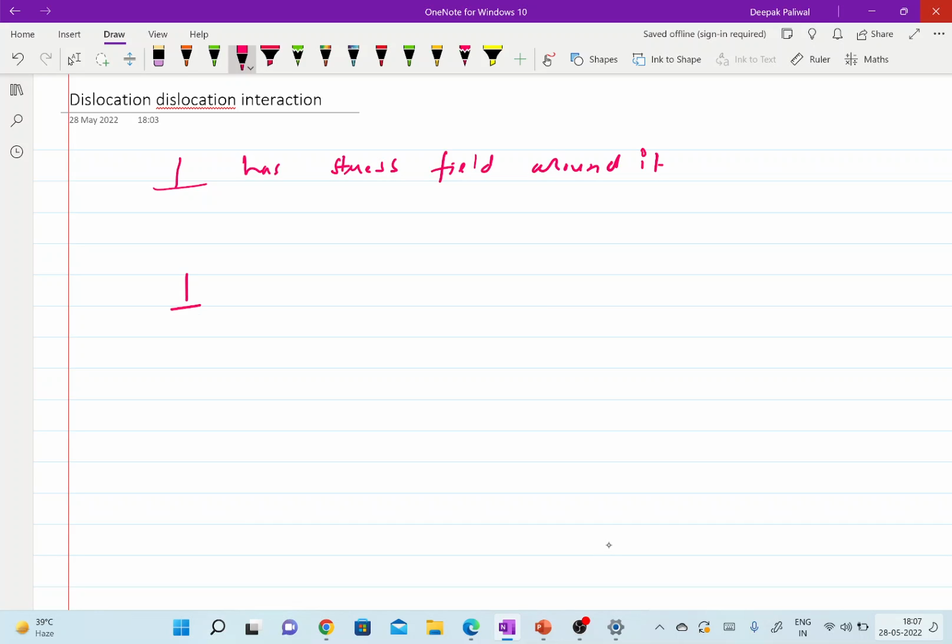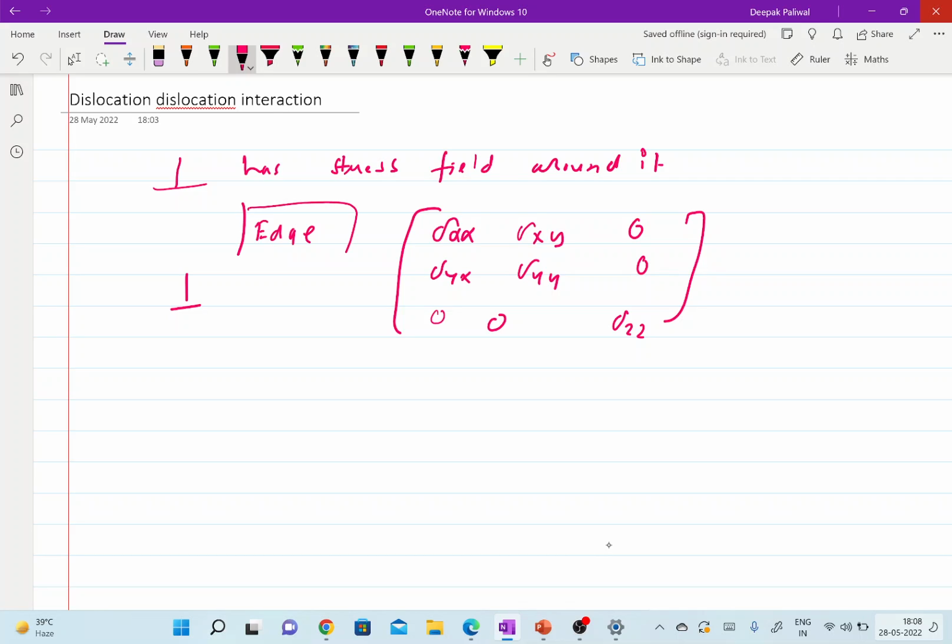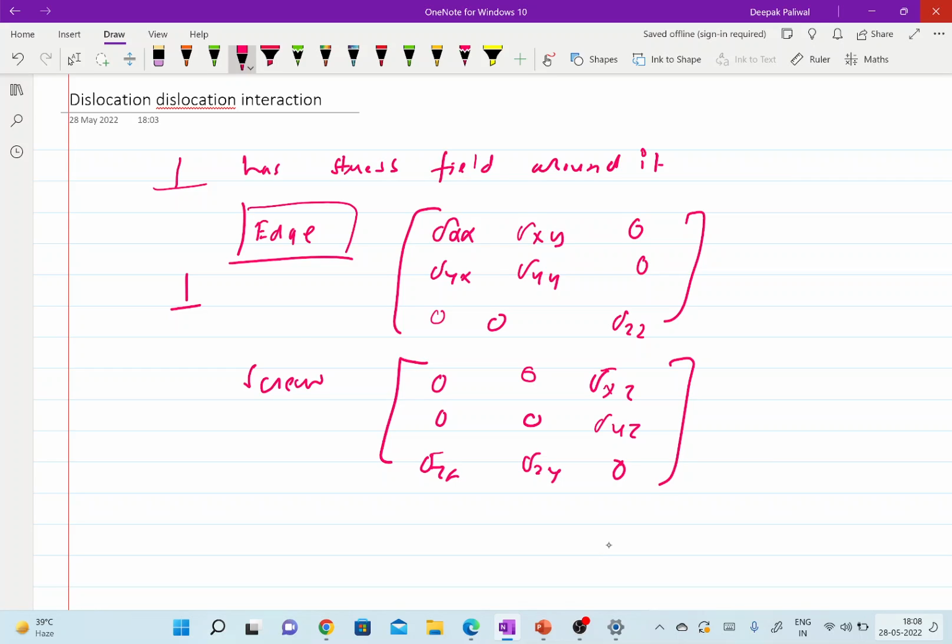Any particular edge dislocation has sigma xx, sigma xy, 0, 0, sigma zz, sigma yx, sigma yy, and 0, 0. So this is for the edge dislocation. For the screw dislocation we have 0, 0, 0, sigma xz, sigma yz, sigma zx, sigma zy, 0. So both the screw dislocation as well as the edge dislocation have a stress field.